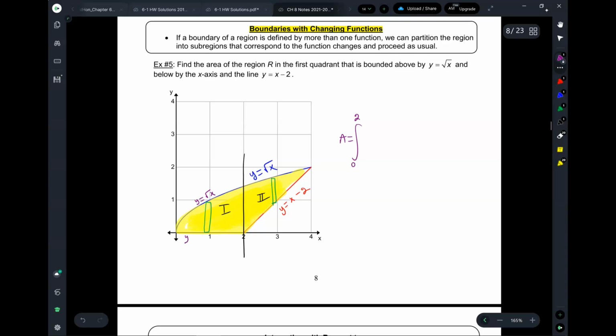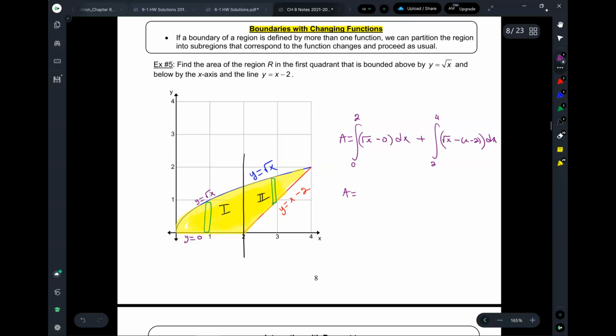What's the lower function? y = 0. So here I get the integral of √x minus 0 dx. Obviously you don't have to put the 0; I'm putting it there to illustrate. Plus the integral from 2 to 4 of √x minus (x minus 2) dx. So that's with changing boundaries.